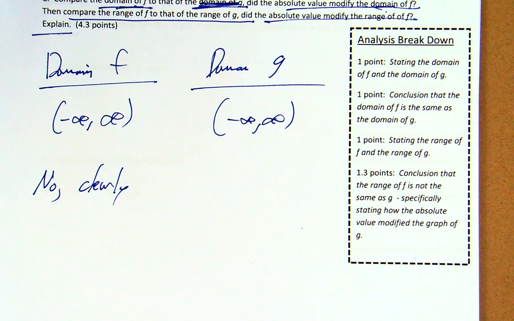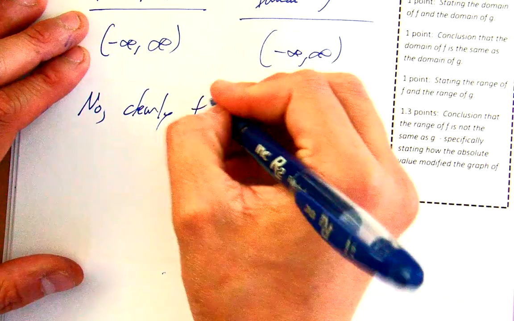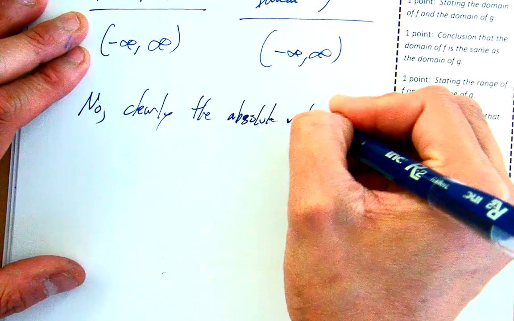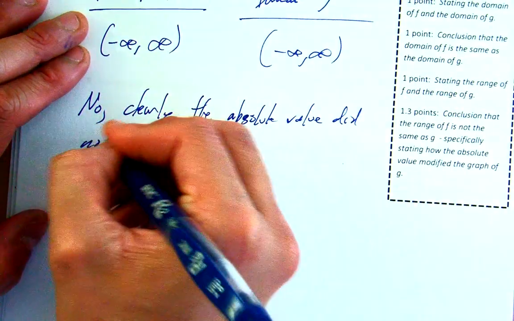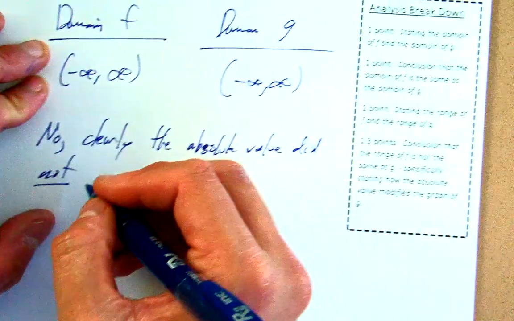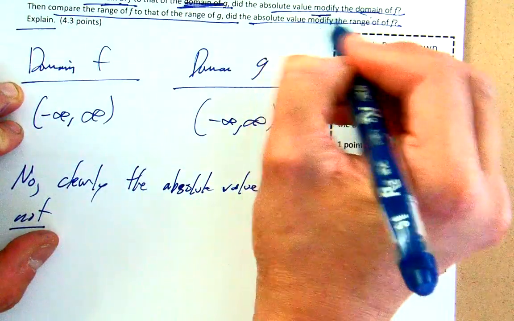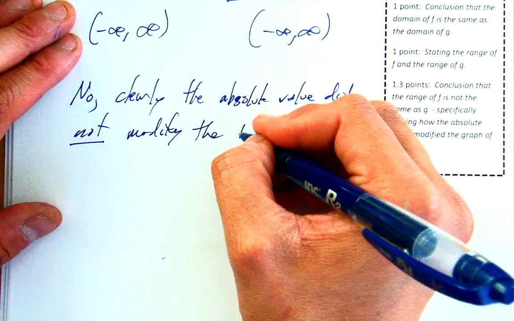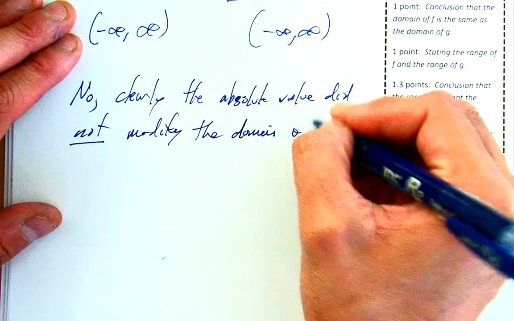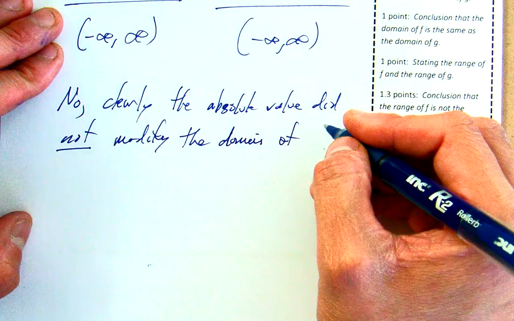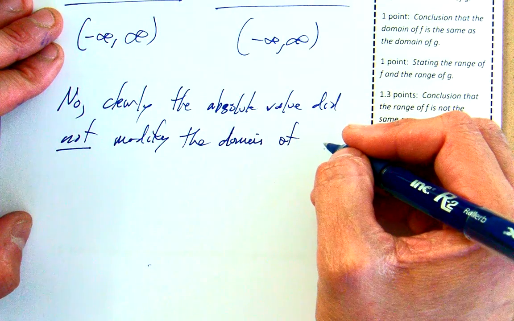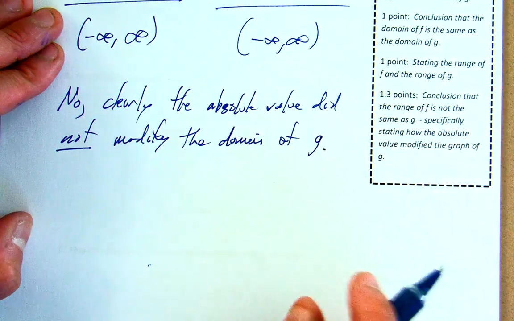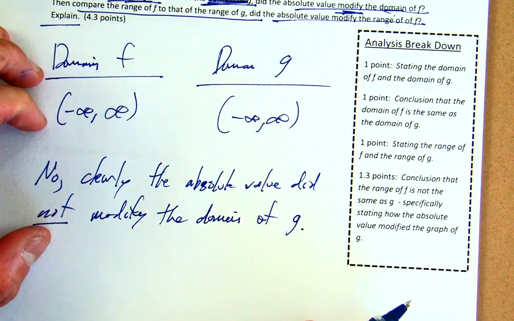Clearly, the absolute value did not modify the domain of G of x. Of G. Because the absolute value was on what?